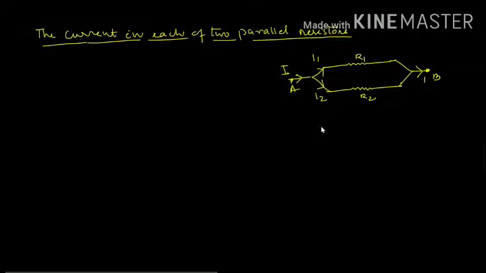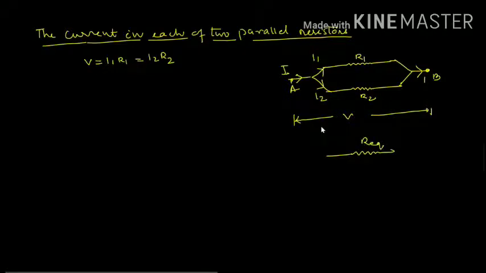Now the potential difference between A and B is V. So V is the same across resistors R1 and R2. That is, V is equal to I1 R1, which is equal to I2 R2. These two resistors are equivalent to a single resistor, R equivalent.